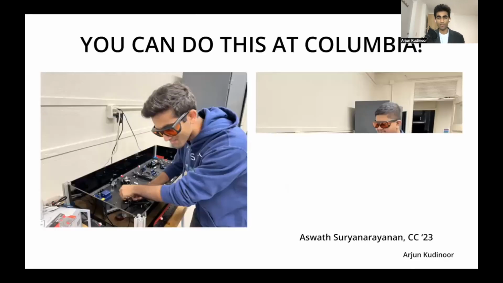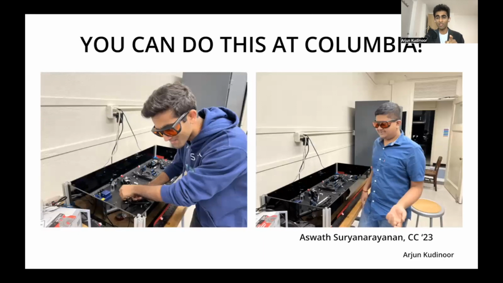And here's the best part. You can actually do these experiments at Columbia. So this is a photo of me and my friend Ashwath, where we were trying to get this apparatus to work. We were lucky enough to actually conduct this experiment as the 2022 Nobel Prize was being announced.